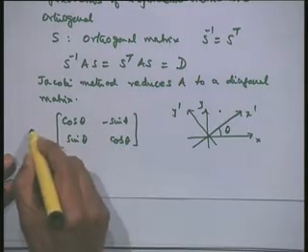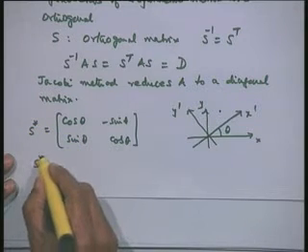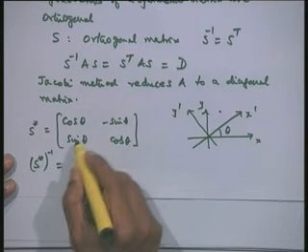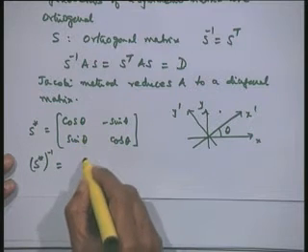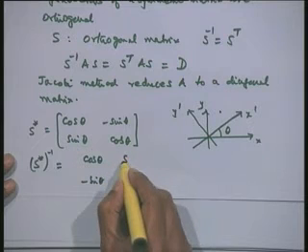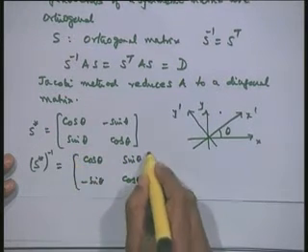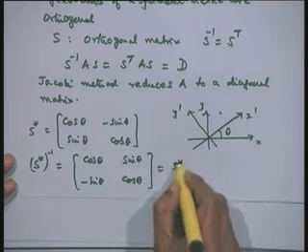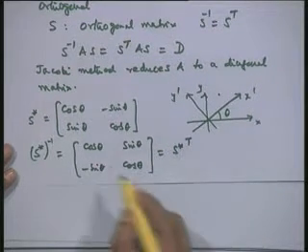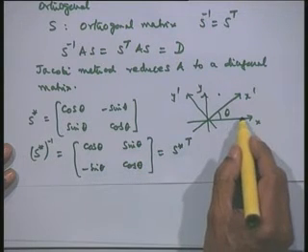If I take this as S star, then S star inverse is equal to 1 over cos square theta plus sin square theta, that determinant is 1. Therefore, I have cosine theta over here, minus sin theta here, sin theta here, and cos theta over here, and this is S star transpose. Therefore, this is an orthogonal matrix, that means this is an orthogonal rotation.